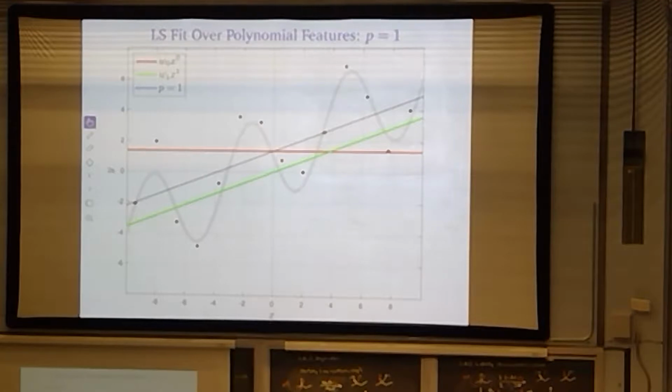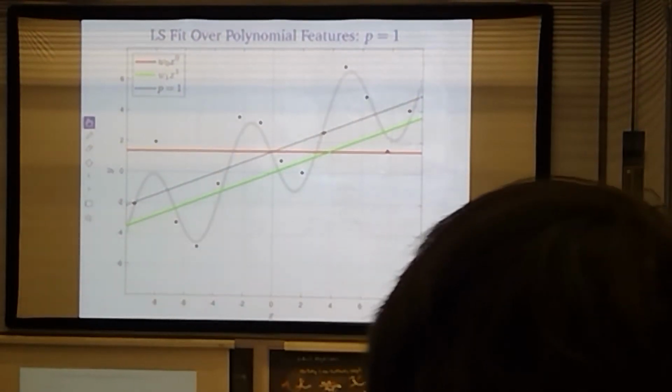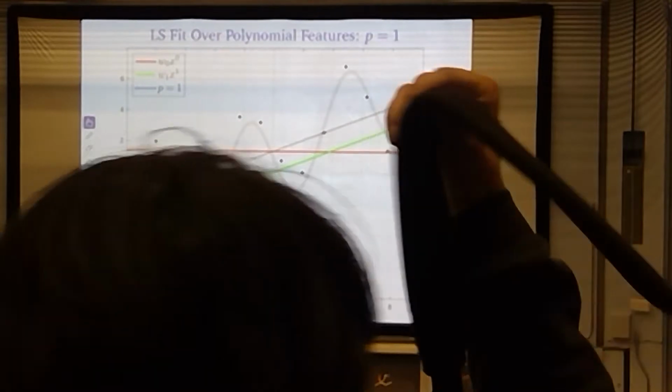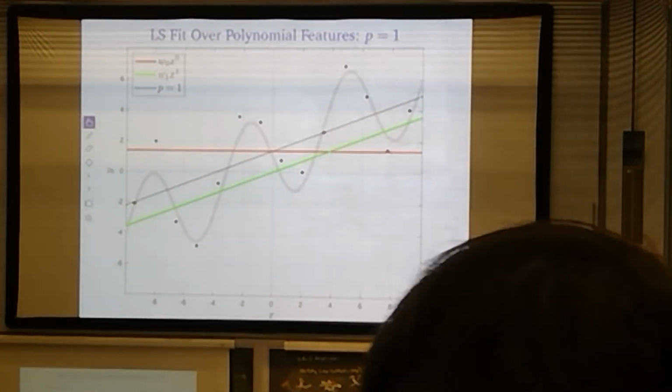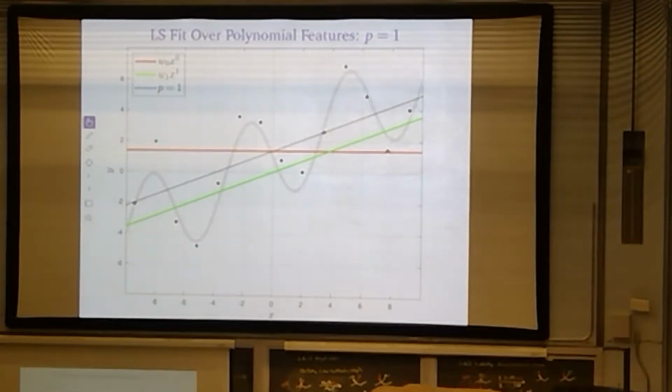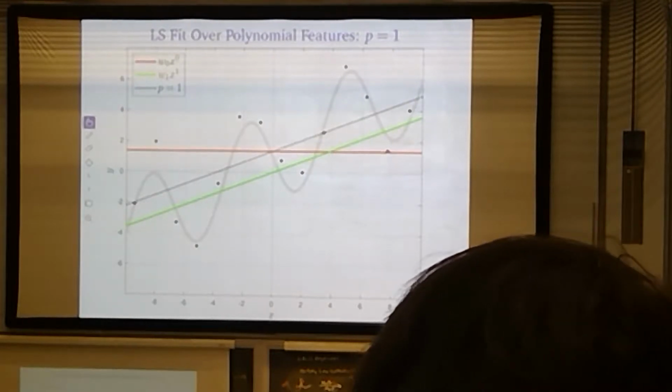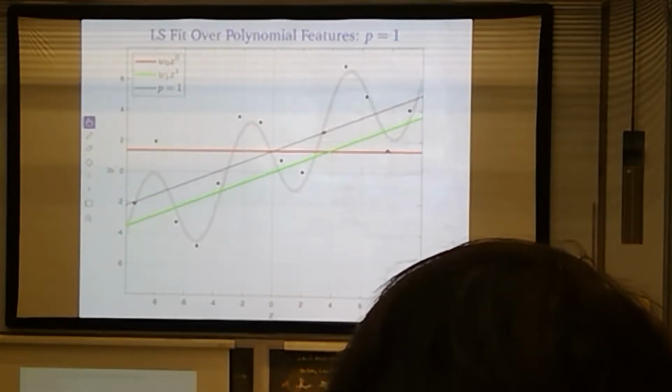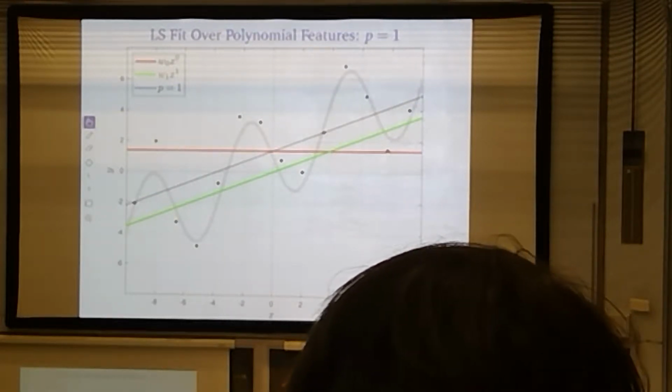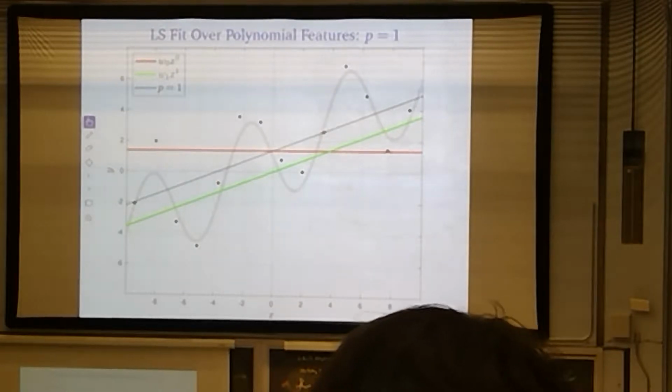The red one is this, when I go to the polynomial features of order 1, I have two functions. One is a vector of all ones. That's the red line. The second one is a linear function, x, okay? And that's a green line. But I have scaled them by the appropriate weights I found in this linear solution.